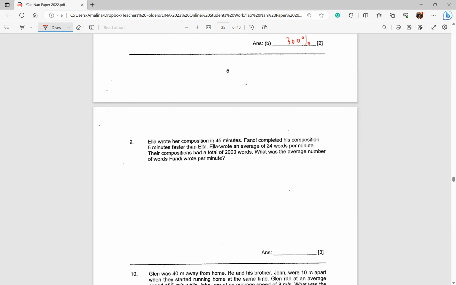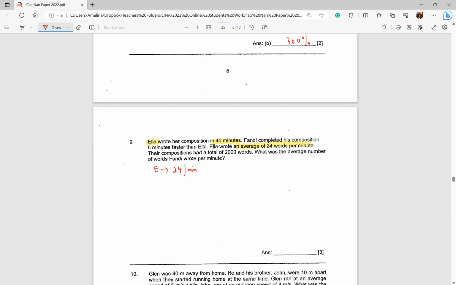Okay. So Ella wrote her composition in 45 minutes and you're given the average. So I am given the total time taken for Ella and you're also given the average number of words per minute for Ella. So I can find first the total number of words that Ella wrote. So Ella's speed is 24 per minute.